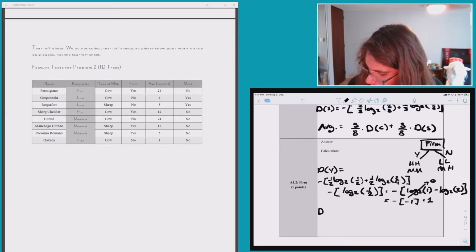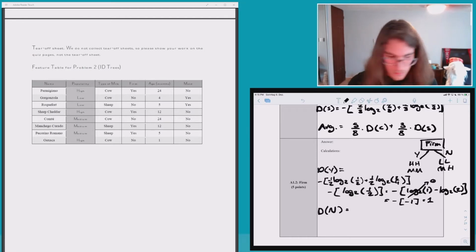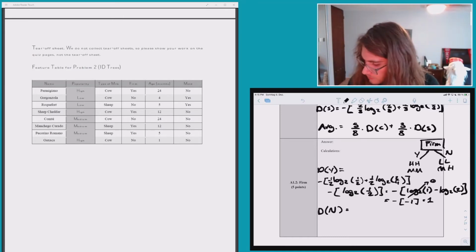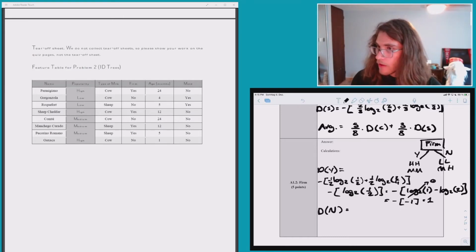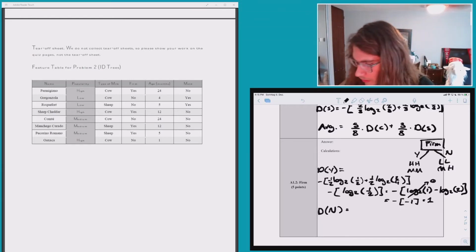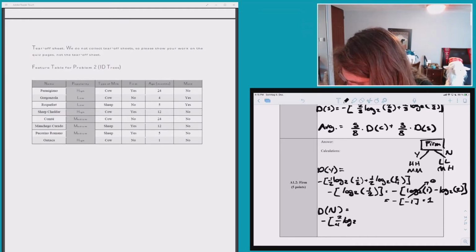So now for the disorder of no, let me grab some water. The disorder of no then is, I'm looking at the table again out of habit, negative, this is 2 out of 4, log base 2 of 2 out of 4.